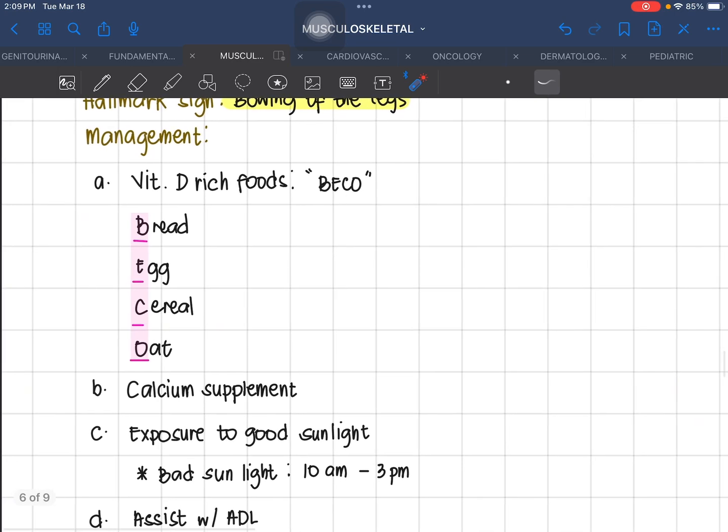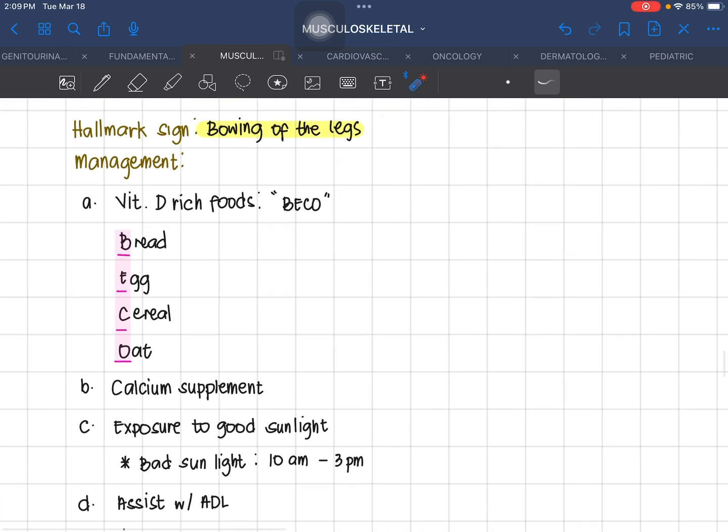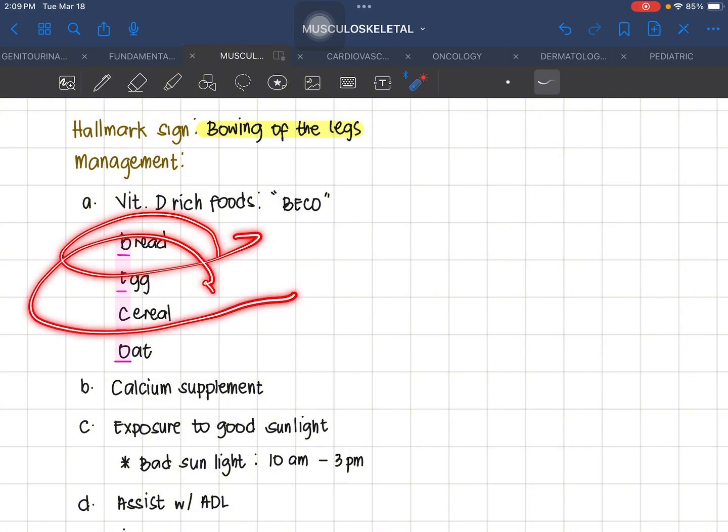So, ang management natin dito, of course, dahil nga may vitamin D deficiency ka, ang dapat na diet mo is vitamin D rich foods. So, we have the word BECO. B stands for bread, E stands for egg, C stands for cereal, and O stands for oat.